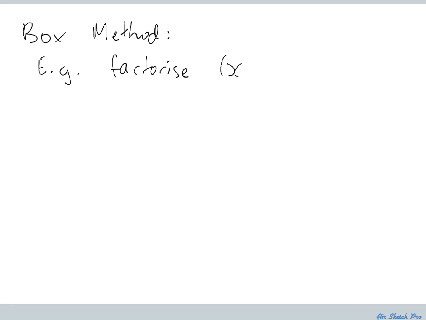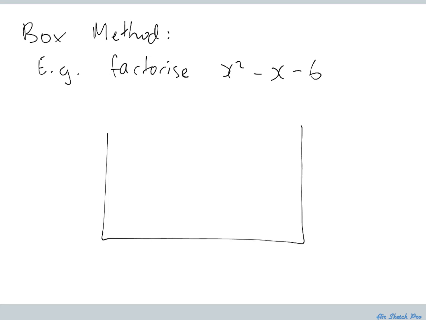Factorise x squared minus x minus 6. So what you do in the box method is you create a box and divide it into 4 sections.